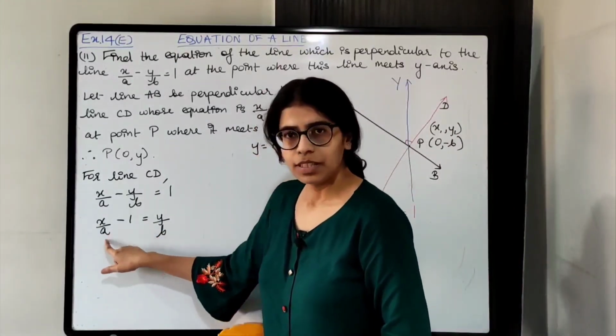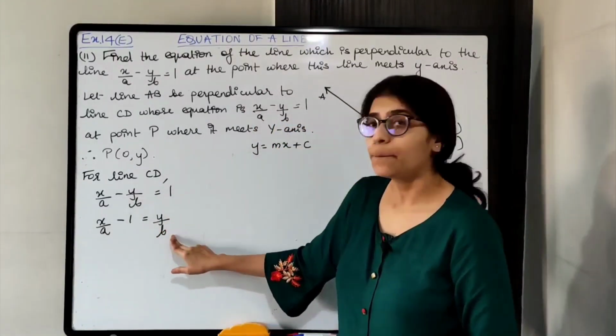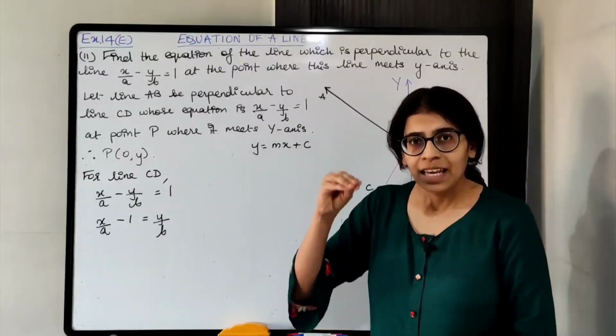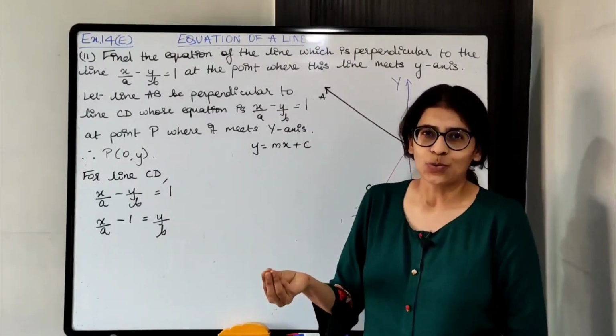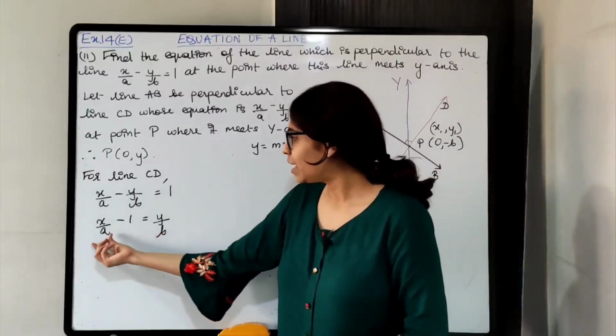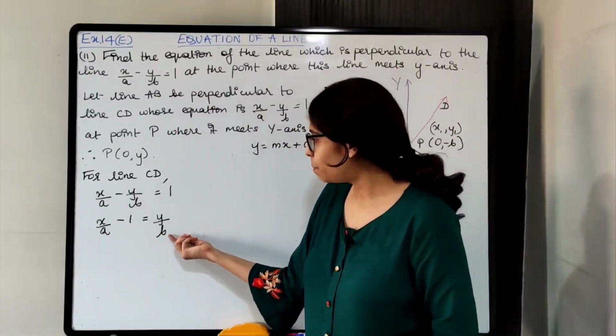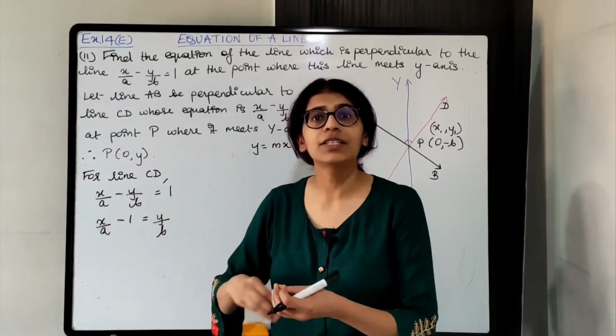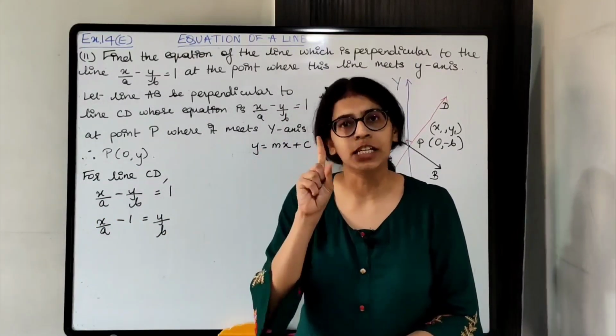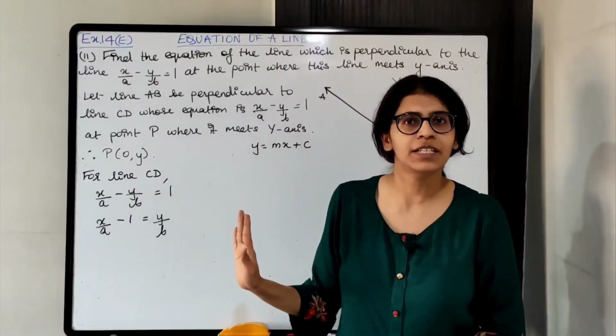Now these terms are there in the LHS, and y upon b. A and b are like coefficients over here. Okay, so they are like numbers. In place of numbers you are given a and b. So we will shift b over here, because what will be the coefficient of y? It will be 1 only. There will be no other number present with y.